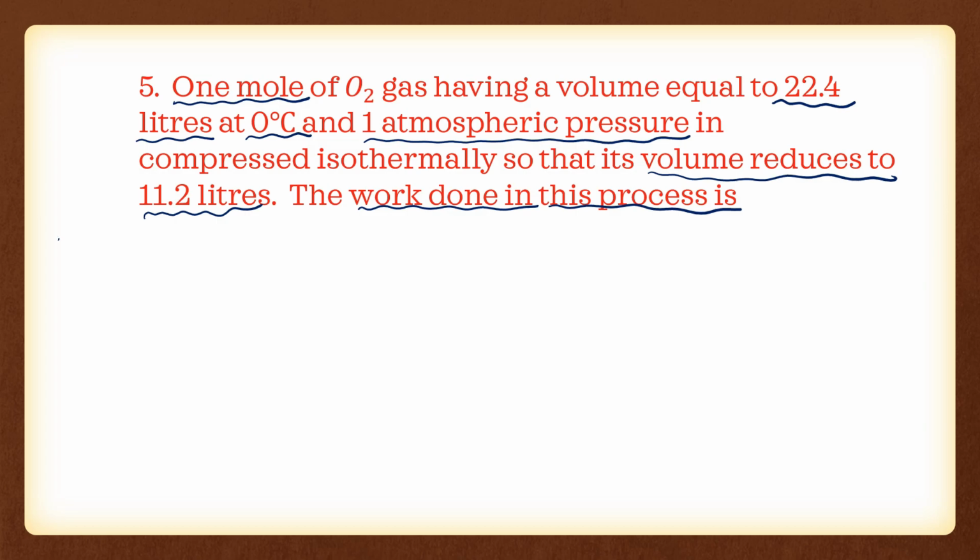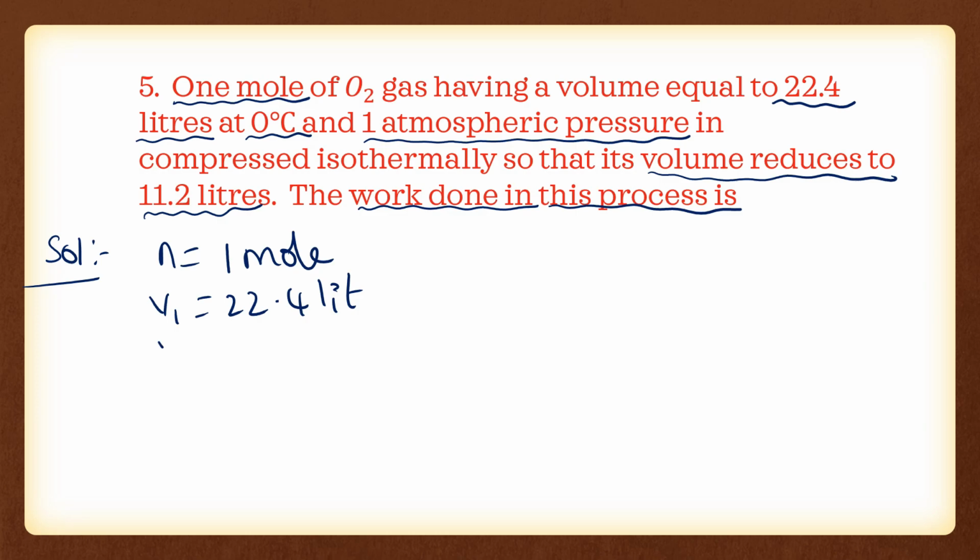So let us go to the solution. Given n is equal to 1 mole, V1 is equal to 22.4 liters, V2 is equal to 11.2 liters, P is equal to 1 atmospheric pressure and T is equal to 0 degree centigrade.